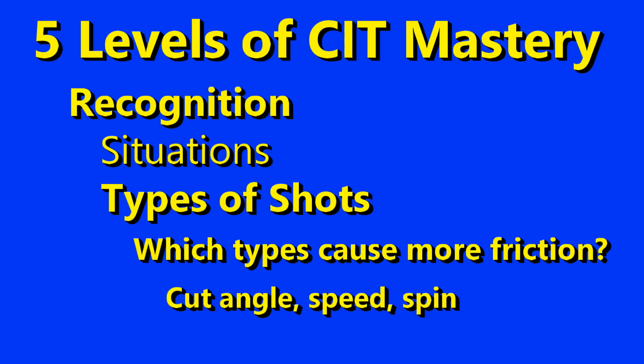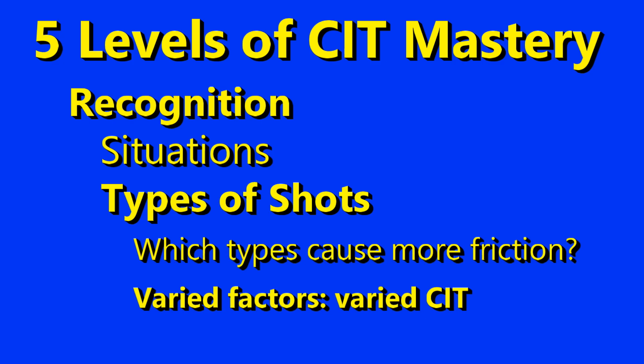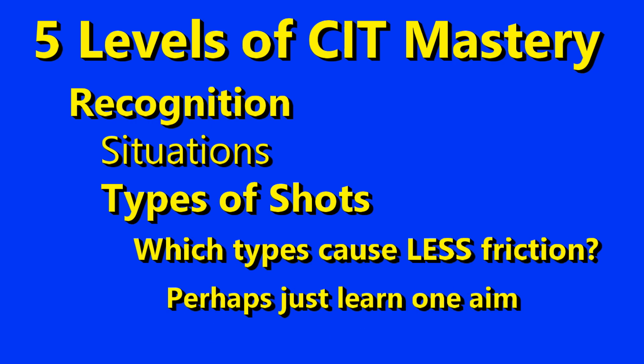A simple analysis of any variation in the CIT based on those friction variables caused us to worry. A deeper analysis would show that it's only some shots that are especially worrisome, and other times we can bake typical CIT into our learned aim, likely what you're doing now. We'll learn to distinguish the problem shots.